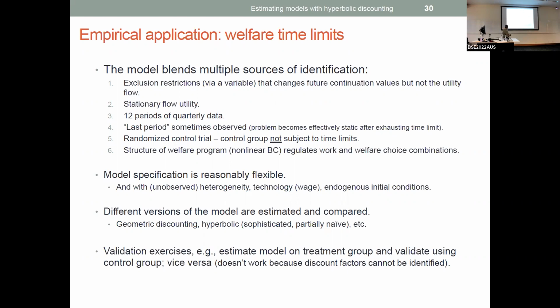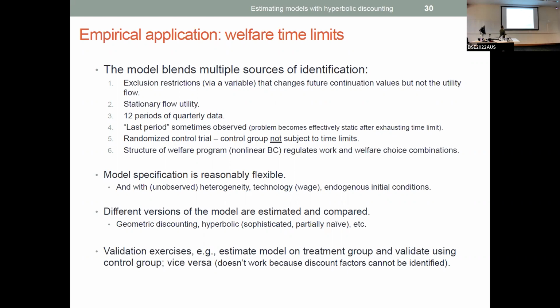And it has unobserved heterogeneity. There's this technology in the wage equation, and also, because it's not a life cycle model, there's an initial conditions problem that needs to be resolved. Different versions of the model are estimated and compared. So the empirical analysis has a lot of different practical challenges and considerations that need to be resolved.